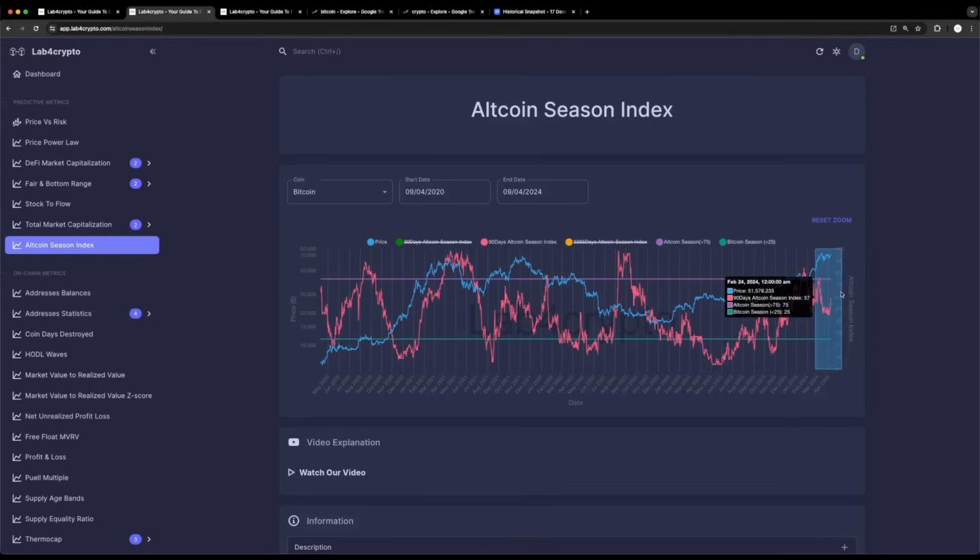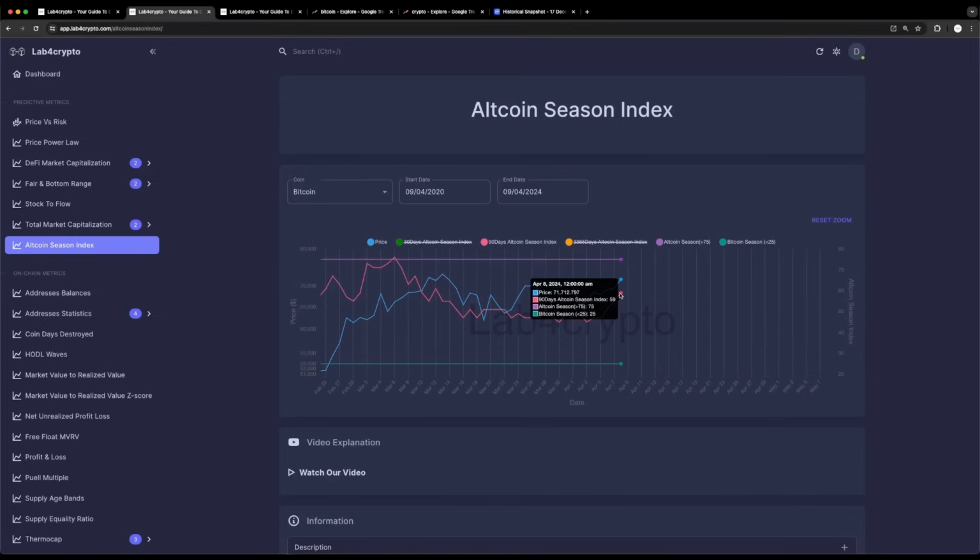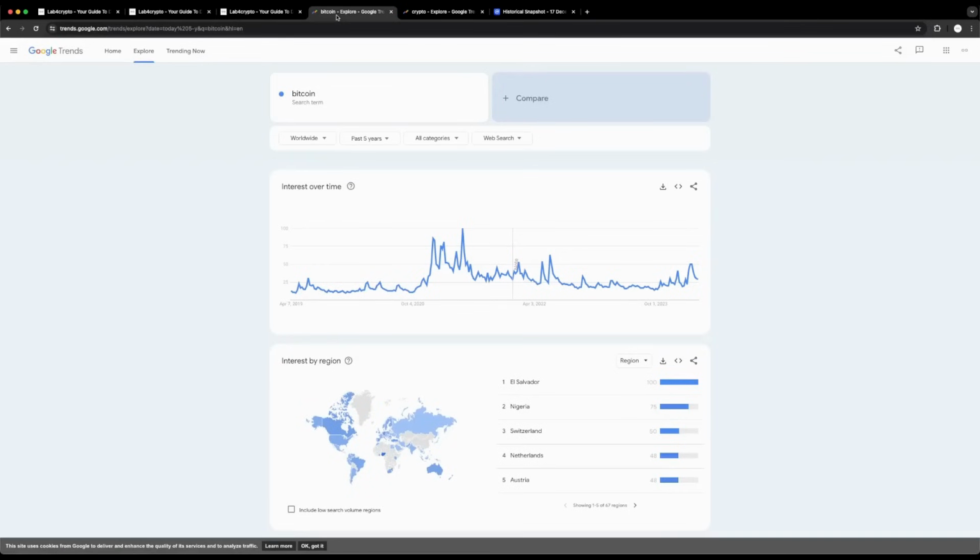Therefore, currently we are at a value of 59, so we are not in altcoin season, we are not above 75, and that is observed also in Google Trends, where the retail investors have not joined the market yet.